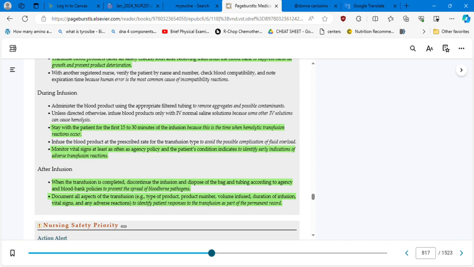So you always keep an eye, try to be next to your patient during the duration, at least I would say 45 minutes of the transfusion, just in case. Monitor vital signs again at least as often as agency policy and the patient's condition indicates, to identify early indication of adverse transfusion reaction.